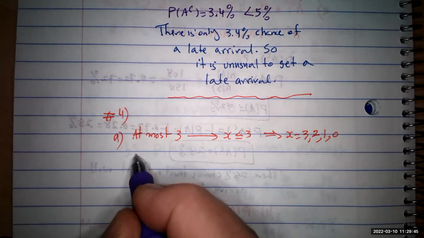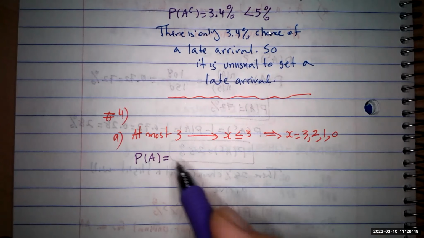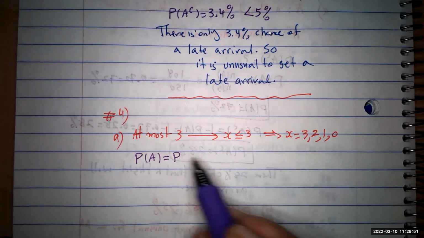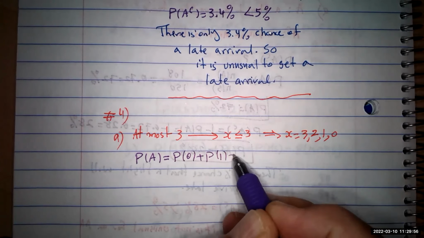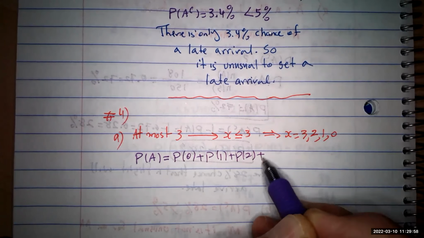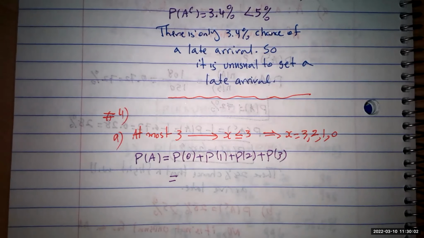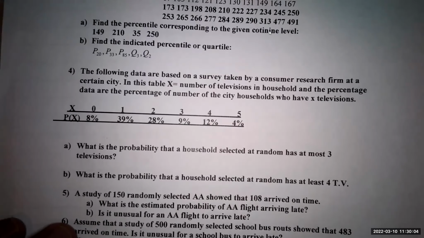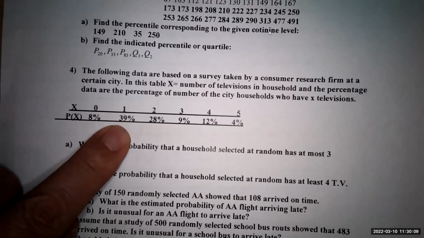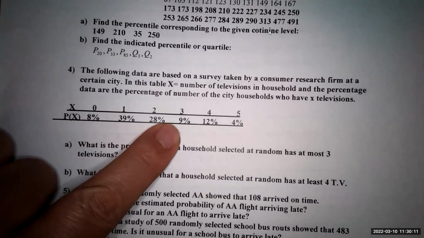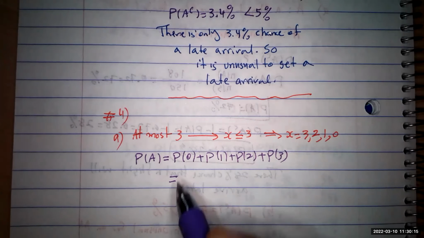So the probability of the first event, if you like, you can call it probability of A, is going to be the probability that X is 0, or 1 set, or 2 sets, or 3 sets. Now we go to that table and you substitute, you see. For the 0 sets, we get 8%, 39%, 28%, and 9%.